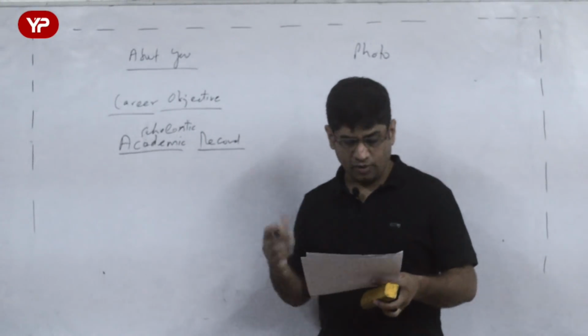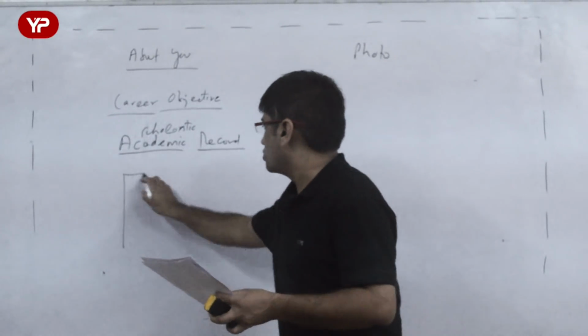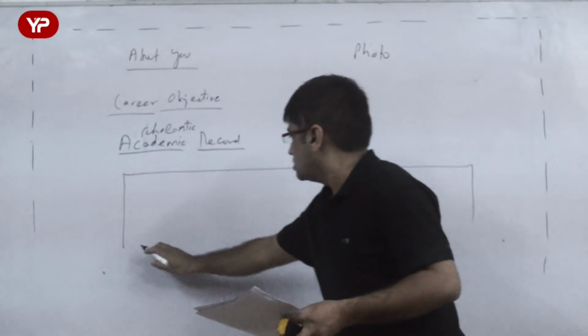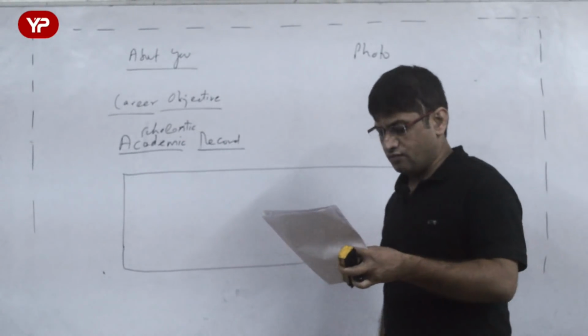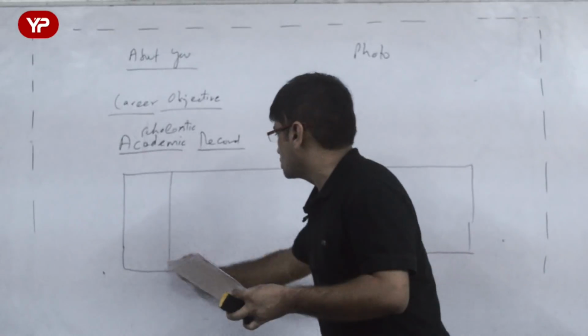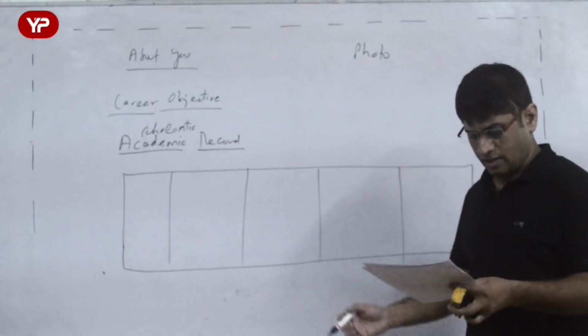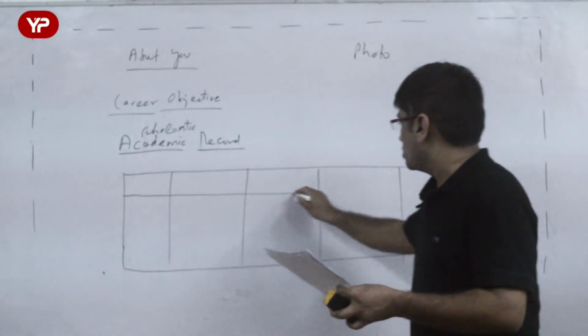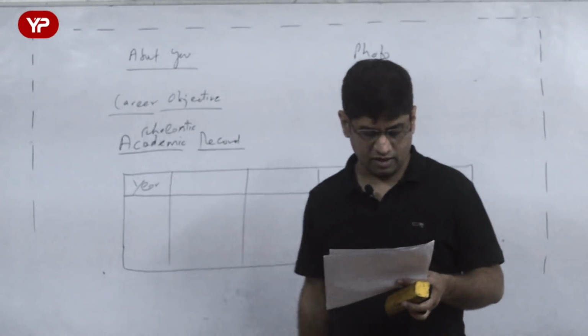And in this case, you have to make a table. Let me tell you what kind of table you have to make in the academic record. Your table will have 5 columns and some rows. In the first column you will write the year.